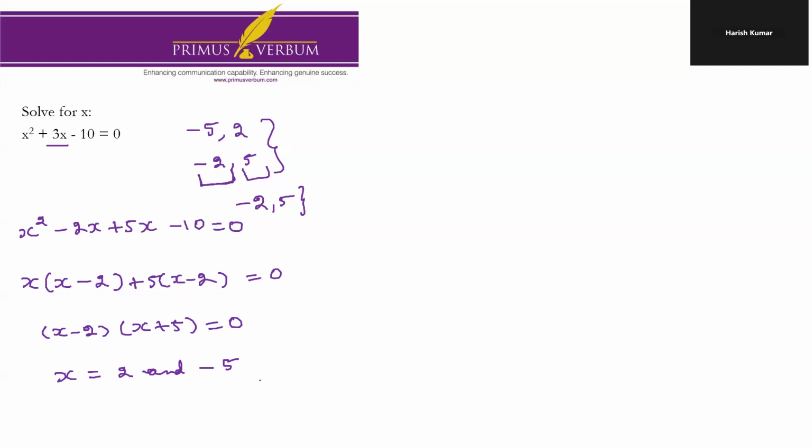So the next step we'll do is, yes, you guessed it, we will make both the linear term and the constant term negative. x square minus 3x minus 10. Now here again the constant term is negative, so we need one number to be negative and the other one to be positive. But then the linear term is minus 3x.